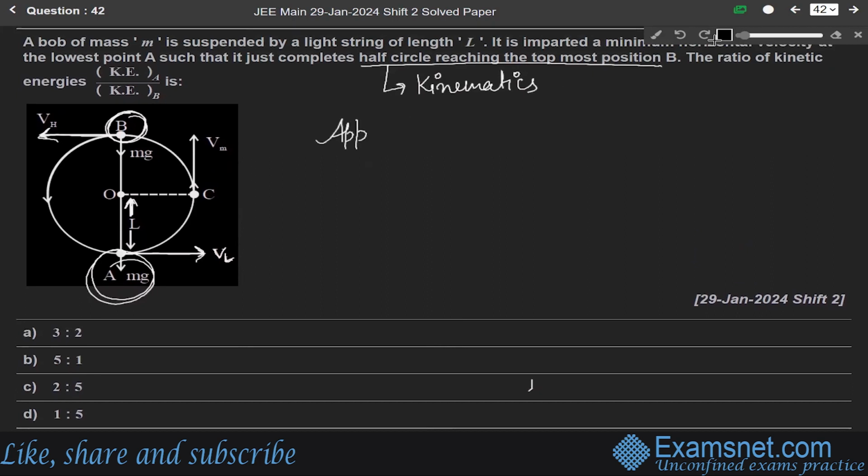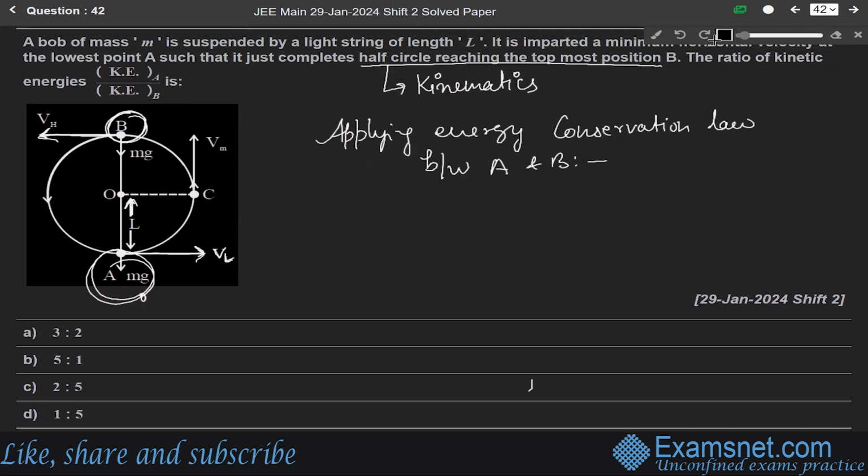Now applying what? The energy conservation law between A and B. So at point A and B, if we apply the energy conservation law, the energy at point A must be equal to the energy at point B. So the energy at point A will be kinetic energy, half m VL square, equal to the energy at point B. At point B, the energy will be half m VH square kinetic energy plus the potential energy mgh.